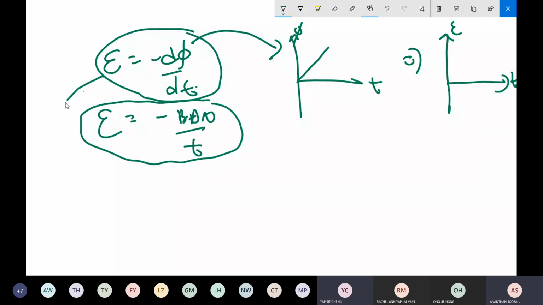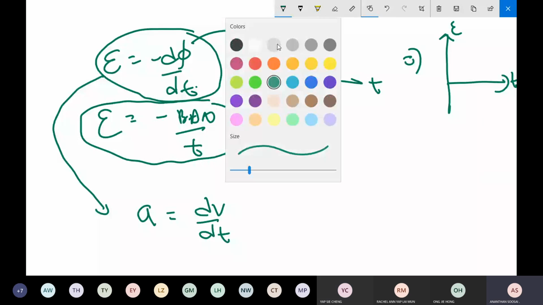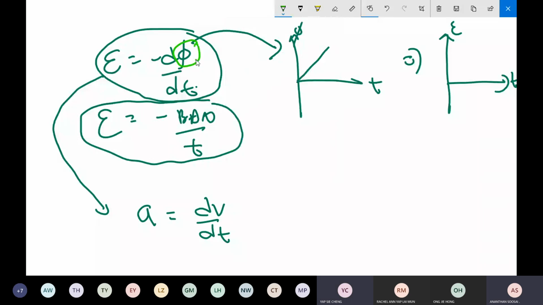The best thing is to visualize the EMF and the flux like acceleration and velocity. Acceleration is dv over dt, right? EMF is negative d psi over dt. The flux is analogous to the velocity, and the EMF is analogous to the acceleration, but with a negative.